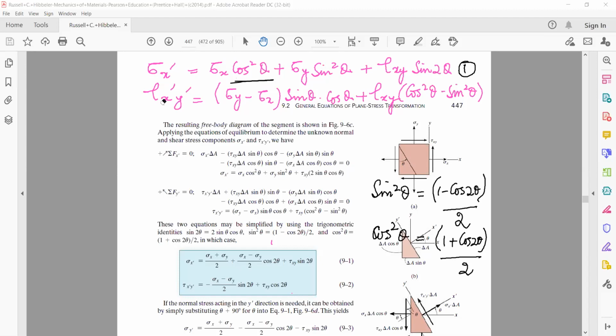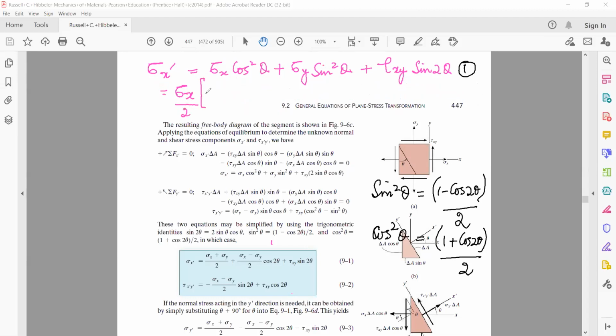As we do that, the expression that we will obtain will be equal to sigma x, in place of cos square theta we will write 1 plus cos 2 theta divided by 2, plus sigma y, 1 minus cos 2 theta divided by 2, plus tau xy sin 2 theta. Okay, fine. Any problem with this?